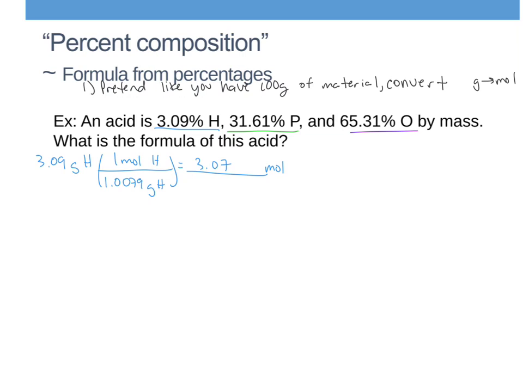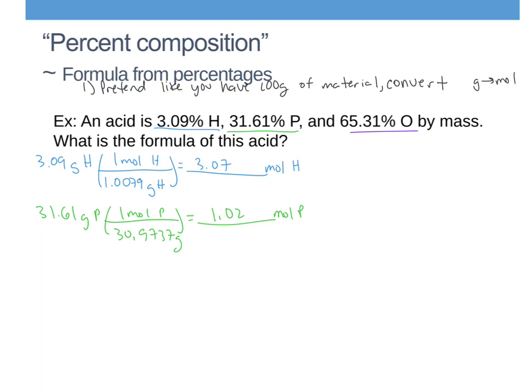And then let's go ahead and go to phosphorus here. It looks like I have 31.61 grams of phosphorus. Phosphorus weighs 30.9737 grams per 1 mole. And I should have said up here, moles of hydrogen. So for my moles of phosphorus, it looks like I have 1.02.